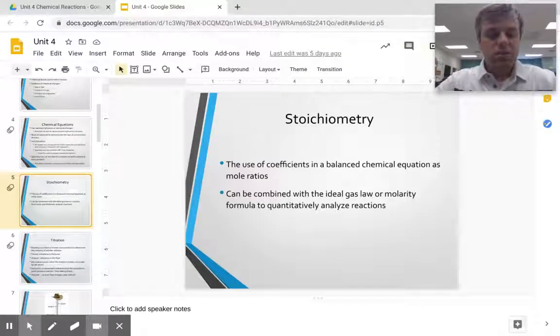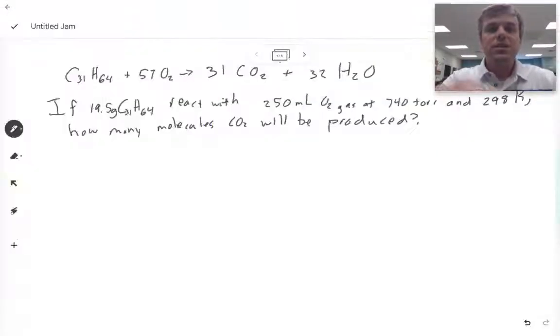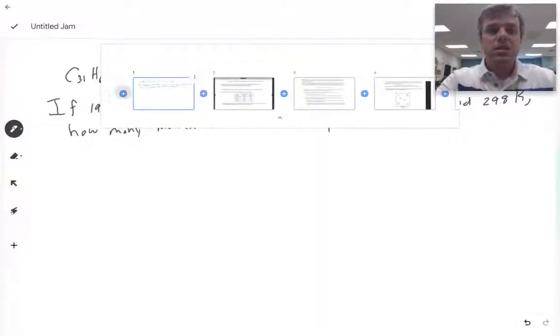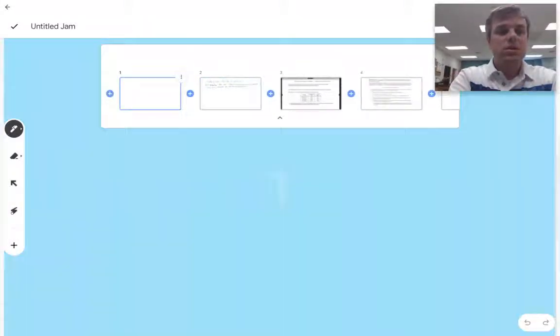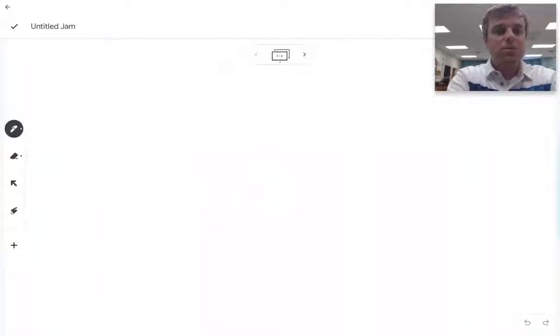I want to give you some insight into a more complex type of problem that the College Board loves to ask about, and that is a limiting reactant problem. Let me just cover what a limiting reactant is.